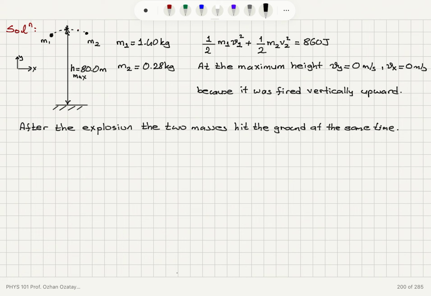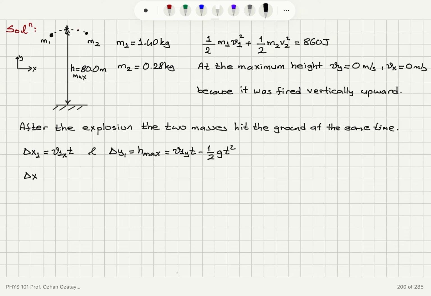The distance traveled by the first fragment, delta x1, will be equal to v1 x component times t, and the distance traveled on the y-axis, delta y1, to hit the ground, will be equal to h max. And that will be due to its initial y component, v1y t minus 1/2 g t squared.